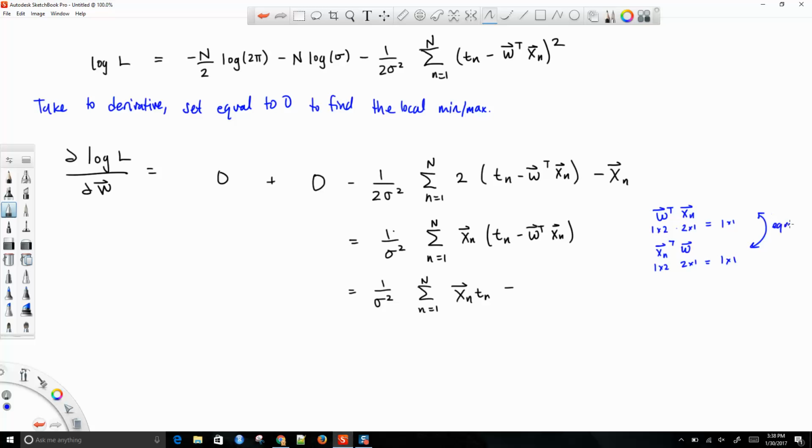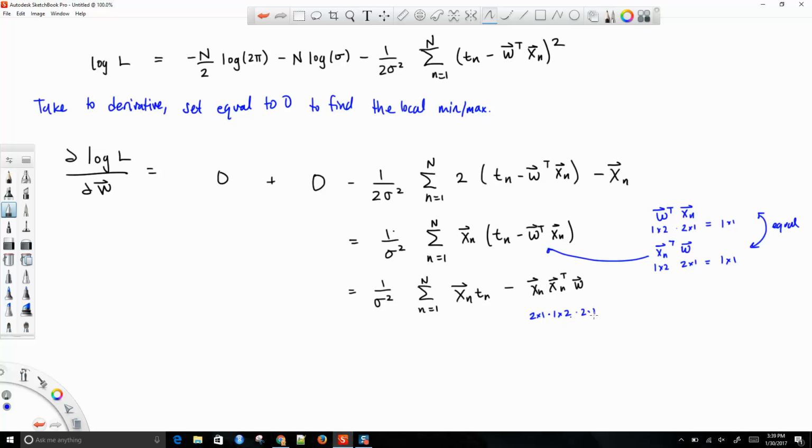So I'm going to stick this back in here, and then when I distribute the xn, I'll have xn times xn transpose w. Then we can double check that all of the dimensions line up here. xn is 2 by 1, xn transpose is 1 by 2, and w is 2 by 1.